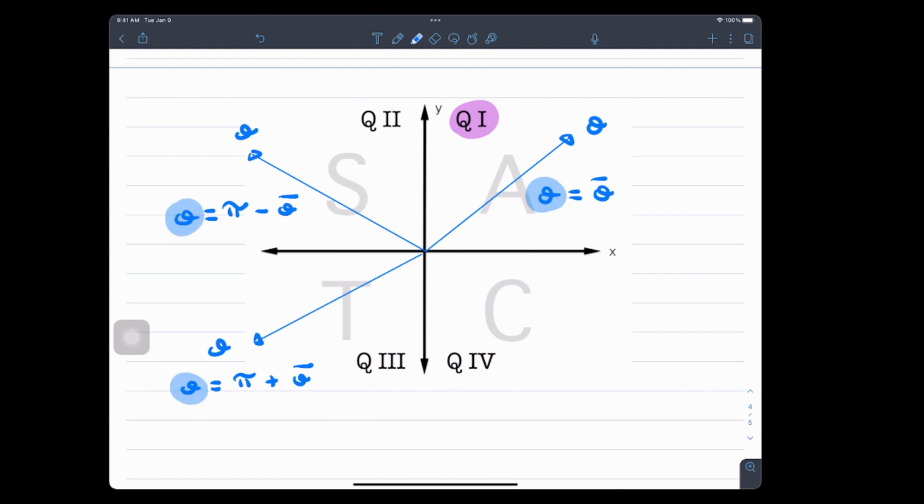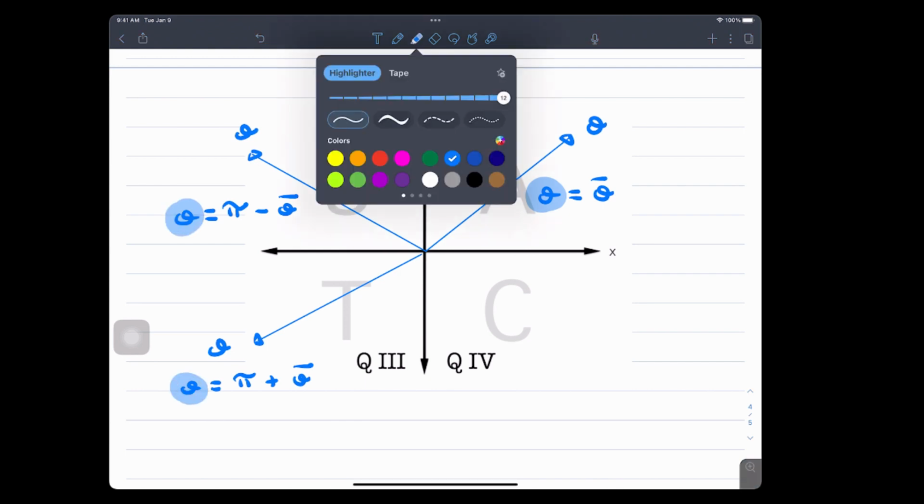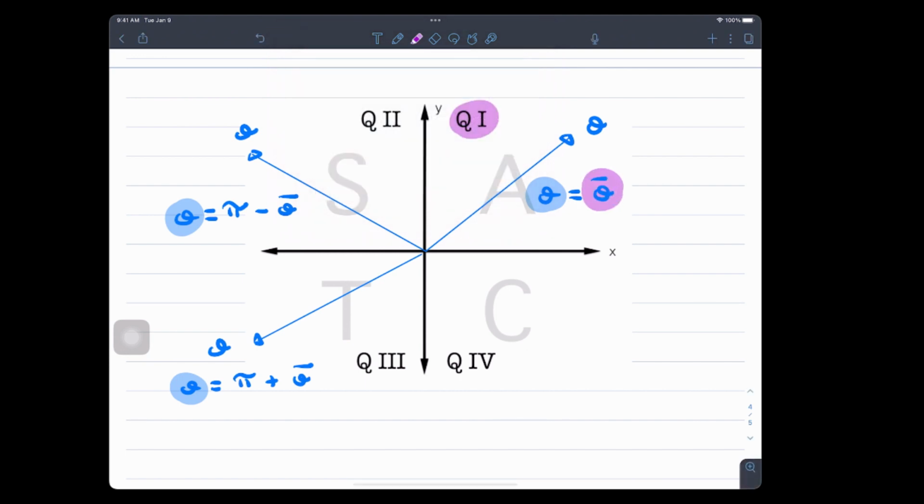Theta is a solution. Here's your reference. And then finally at the end, you get theta here. You say, what if my angle is a quadrant 4 angle? Well, that's going to be 2 pi minus the what? Reference.